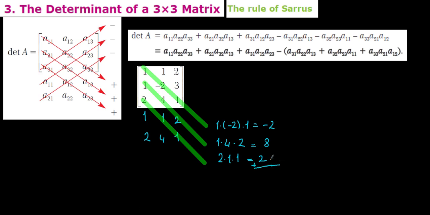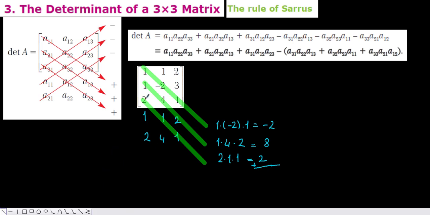Then we are going to subtract from this number. I'm going to write these with a different color of highlighter. We multiply these: this is the first one, then this one, then this one. These are the highlighted forms.